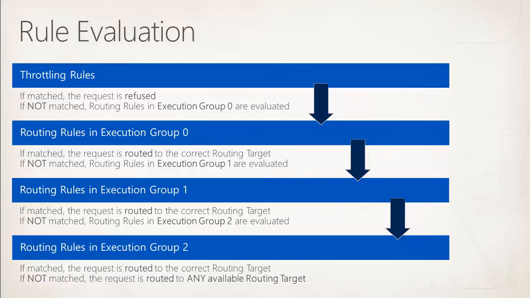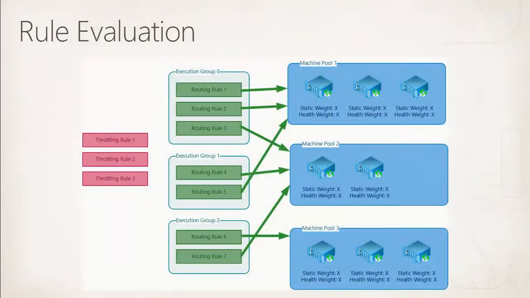Okay, so a little animation that shows this. This is a sample configuration. We've got 3 throttling rules, 7 routing rules, and a bunch of SharePoint machines in 3 machine pools. So, if nothing matches, then it will go to any one of those 8 SharePoint servers.